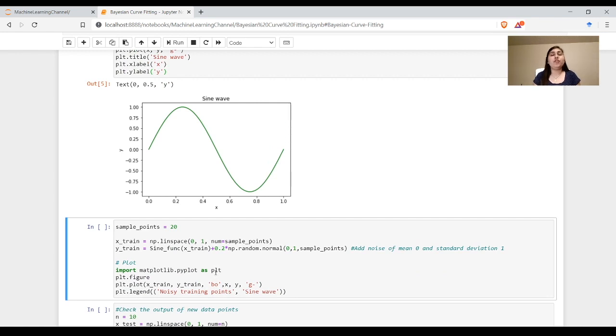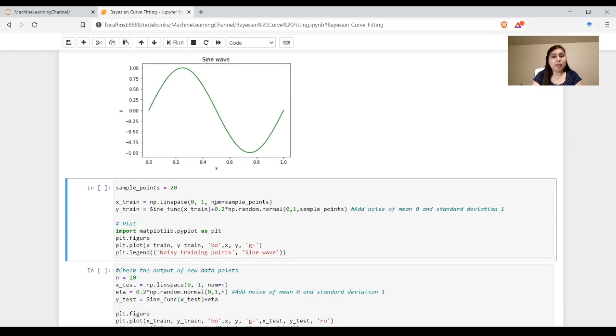For the Bayesian curve fitting, we need some training points as well as testing points. So again, we will use linspace to sample evenly spaced 20 points between the range of 0 to 1. And for y, we'll use a noisy sine wave. Basically, we'll pass the x train into the sine function which we have defined earlier, and we'll also add random noise with the mean 0 and standard deviation 1.